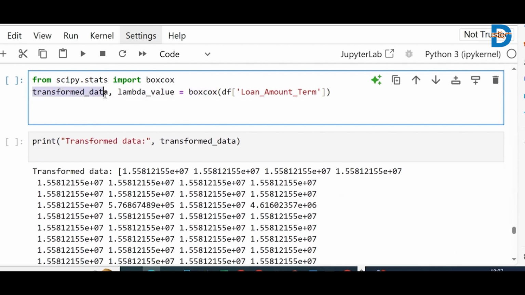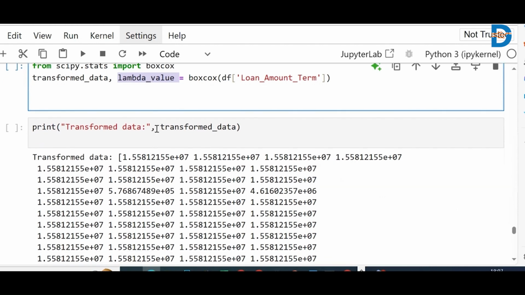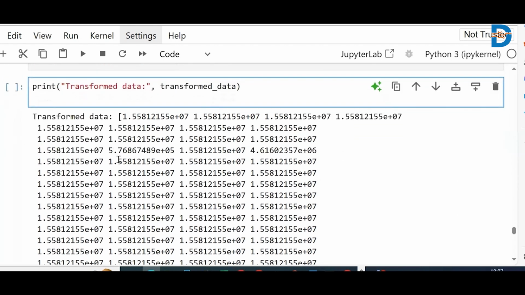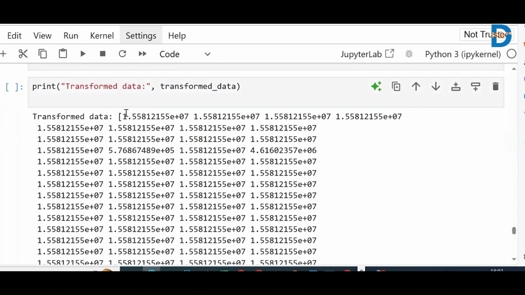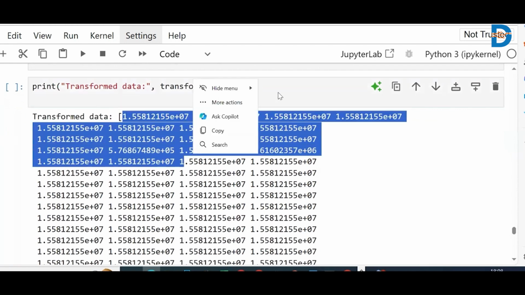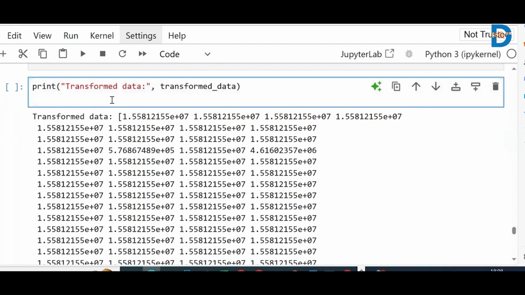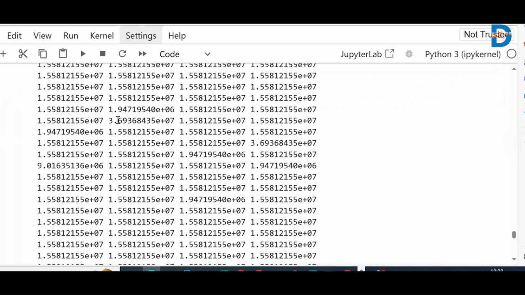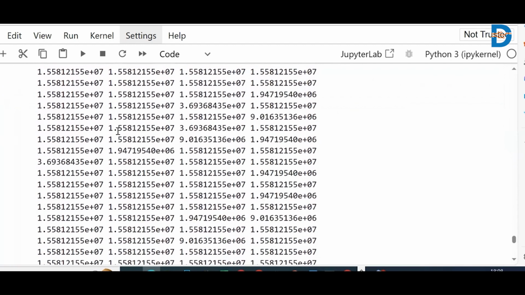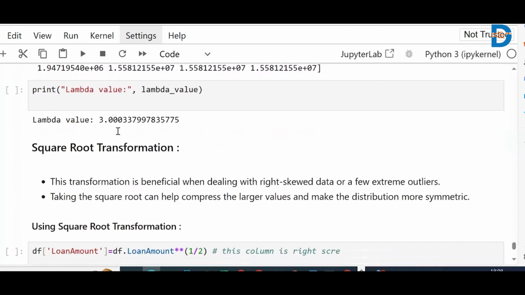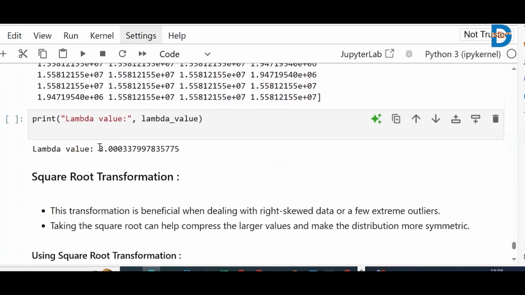This output I'll be storing in two identifiers: the transformed data and the lambda value. If I go ahead and print the transformed data, this is our transformed data. The formula which I have shown you got applied on each and every data point, and lambda at the back end got calculated. And this is our lambda value.